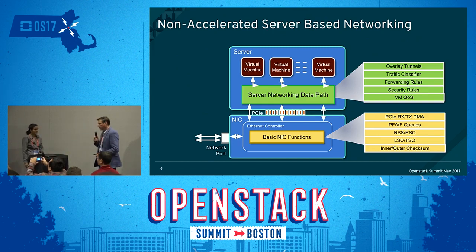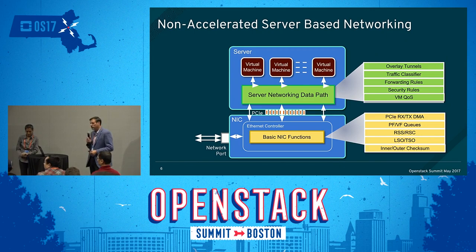So a little bit about SmartNICs. A SmartNIC's sole purpose is to accelerate and offload the server networking data path. Netronome is a vendor of SmartNICs, and there are many models for offload, as Anita just alluded to.